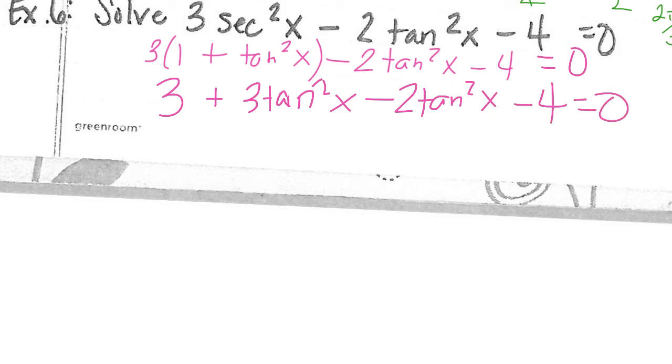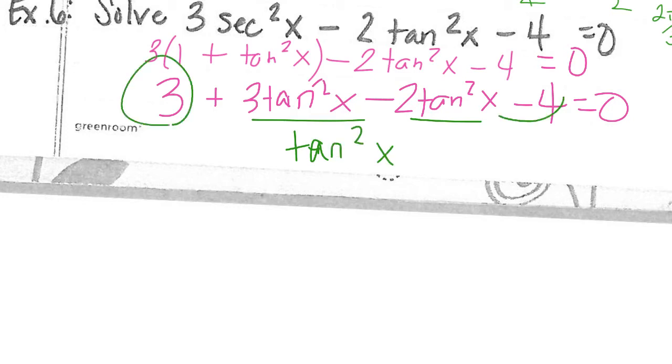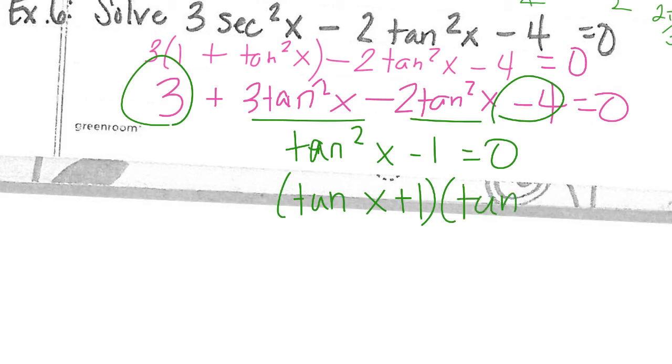And I could probably add like terms here and figure some things out. Since these are like terms, I get tan squared x, and 3 and negative 4 is negative 1, minus 1 is equal to 0. So I know that this is saying tan of x plus 1 and tan of x minus 1 is equal to 0.